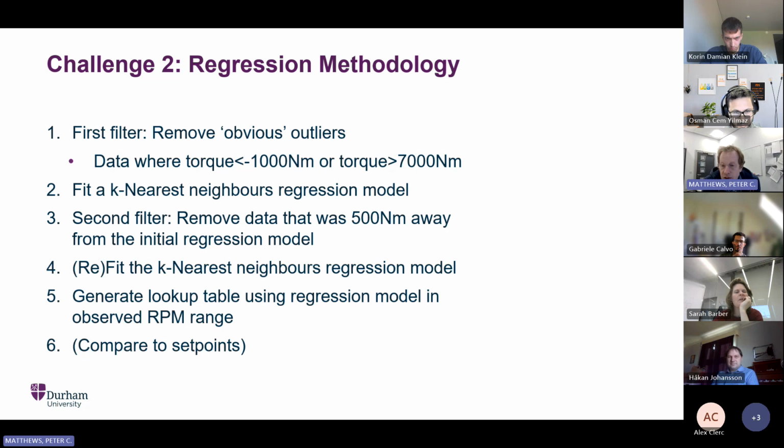The 500 is just a number I plucked out of the air, by eyeballing the graph; I thought 500 was far enough. Then I refitted the k nearest neighbors regression model, and from that I generated a lookup table using the observed RPM range. Finally, I compared that to the set points.